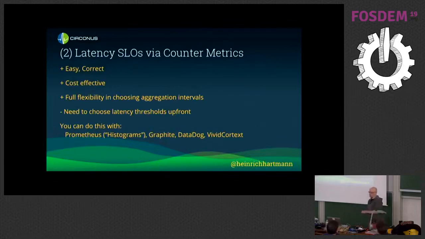So latency SLOs via counter metric are easy, they're correct, and they're cost effective because you're not storing a lot of log data. They give you full flexibility in choosing aggregation intervals. Note that you can freely select time ranges, and you can freely select the number of nodes you're aggregating over. But you need to choose your latency thresholds up front. We hard-coded the 1 second threshold here.